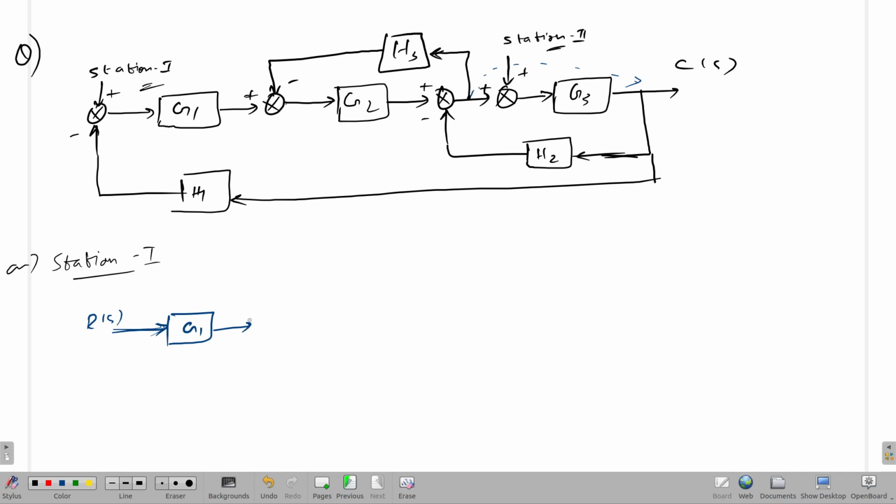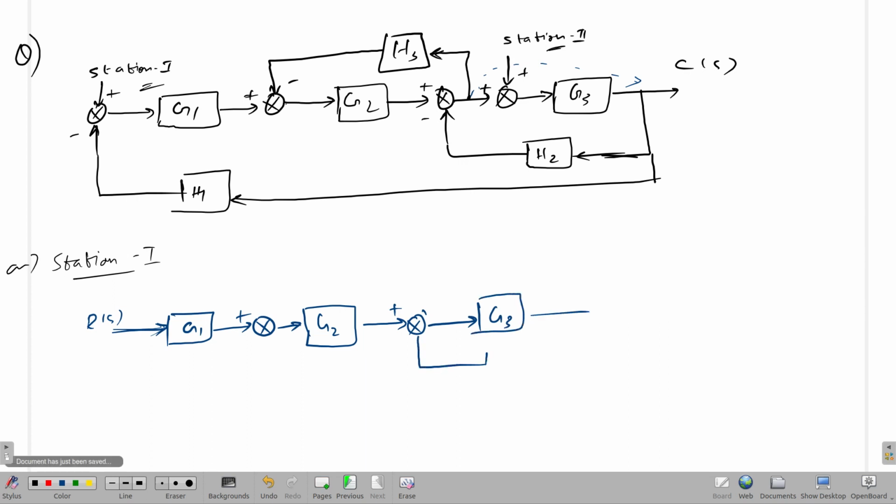Okay, then we have our summing point here. We are shifting only the takeoff point for the feedback. We are not shifting the summing point. So we have G2 here, right? Then we have a summing point for this feedback, G3. From there we have the takeoff point, and let this be minus.